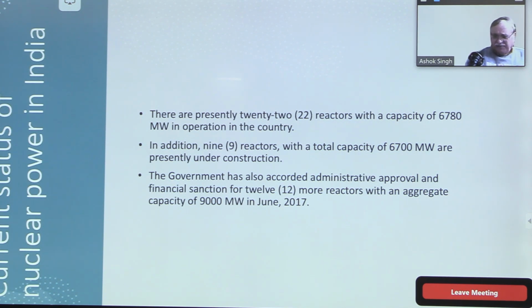And maybe in future, India will buy reactors from France, from America. These are proposals. Those will also be uranium fueled. So they will also be under NPCIL. So NPCIL is the organization which produces nuclear power in India currently.